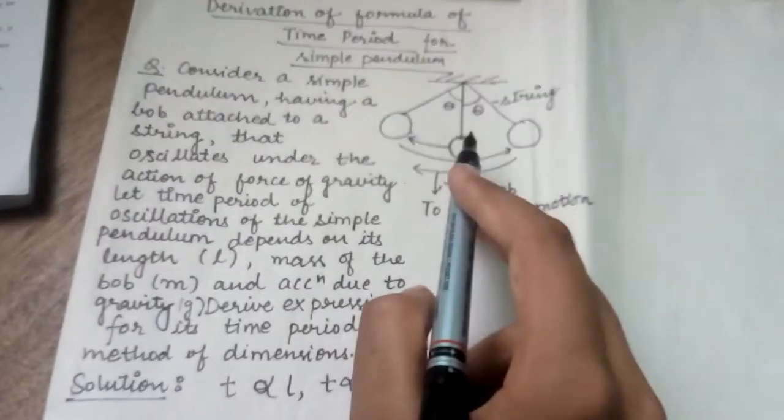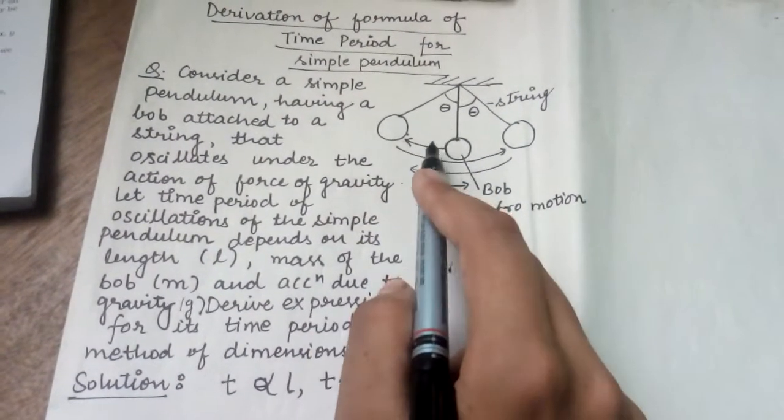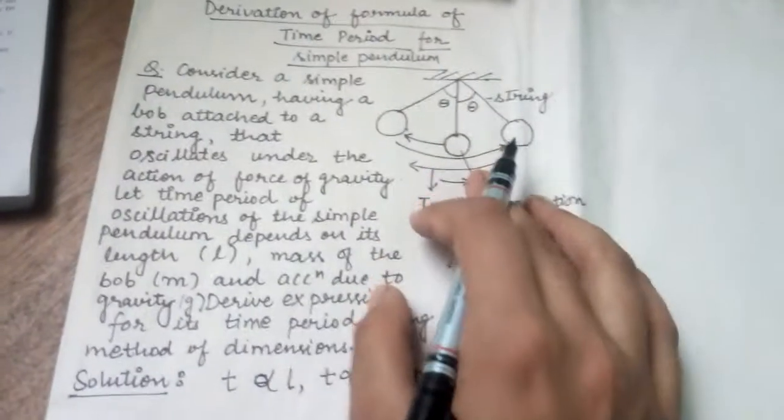So we can also write 2 pi in place of the constant that we are going to use further.